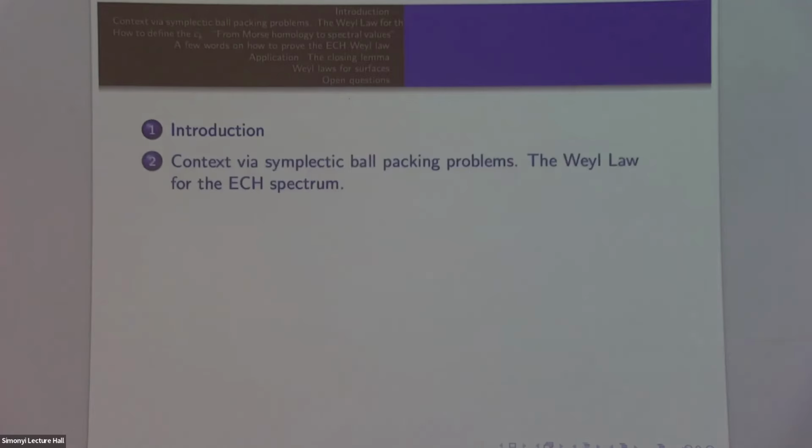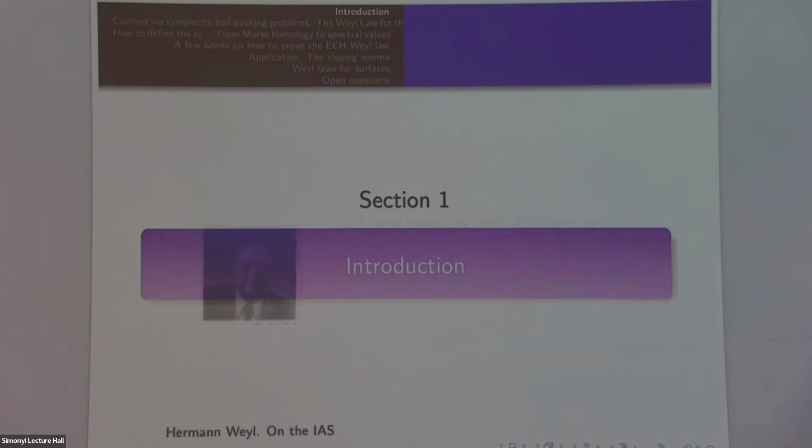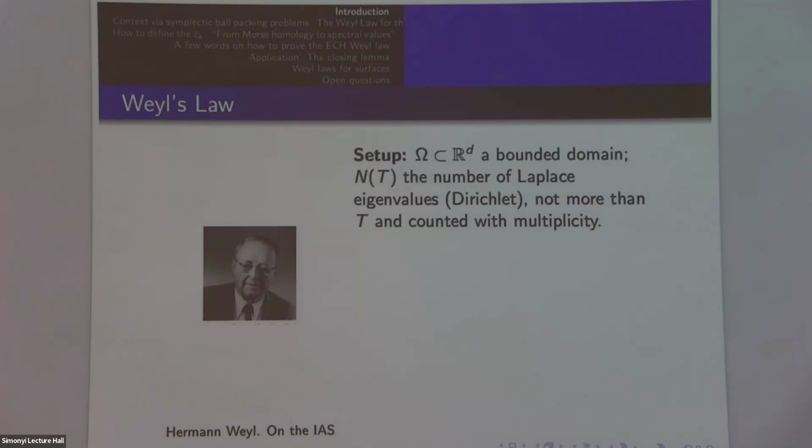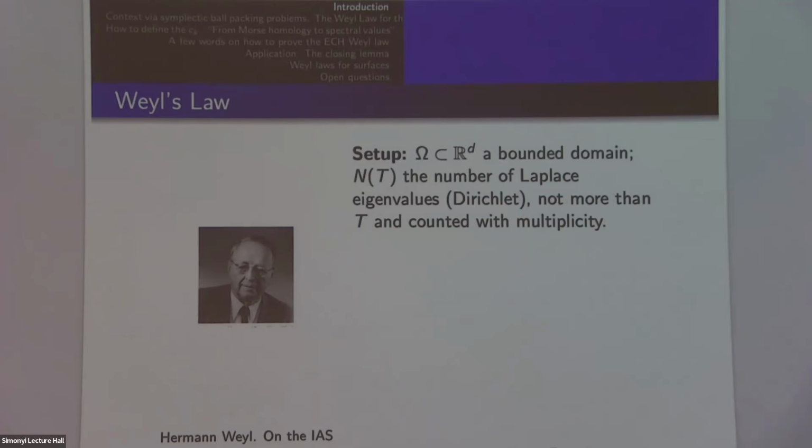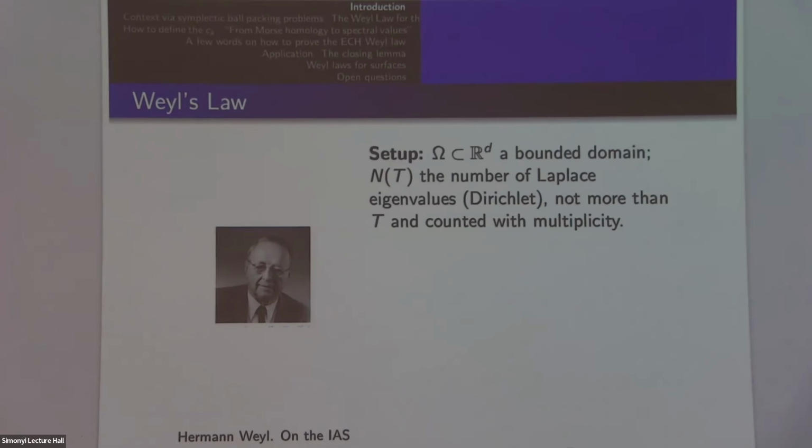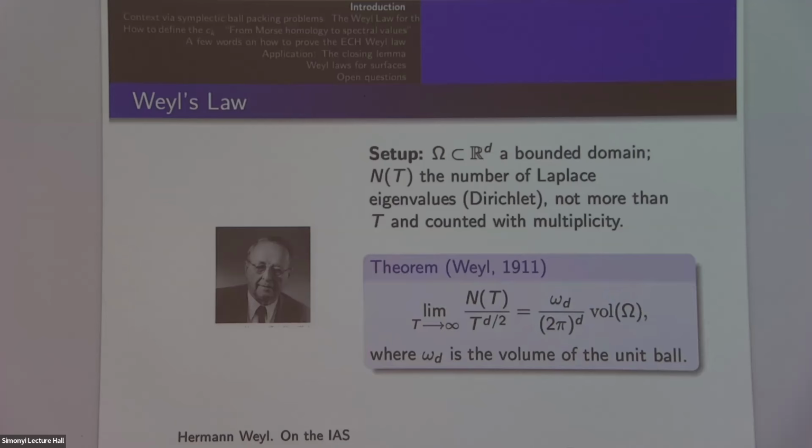Okay, let me get started. We're motivated in this talk by Weyl's law. I have a picture of Weyl. It's fantastic to speak on this at the Institute because he was a faculty member here from 1933 to 1955. Let me remind you of the statement of his famous law. I have a bounded domain. I can look at the number of Laplace eigenvalues not more than t, counted with multiplicity.